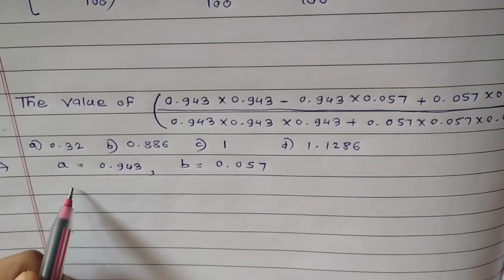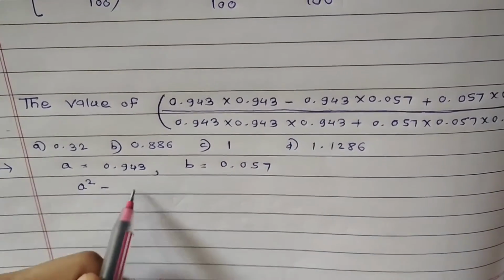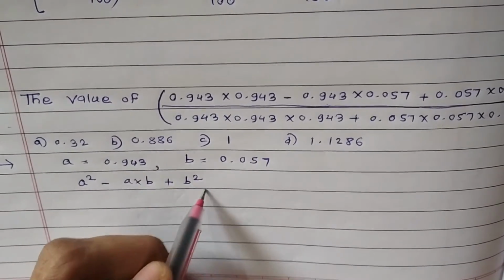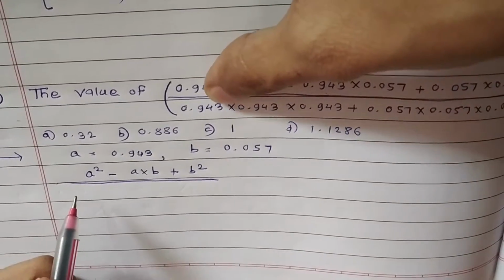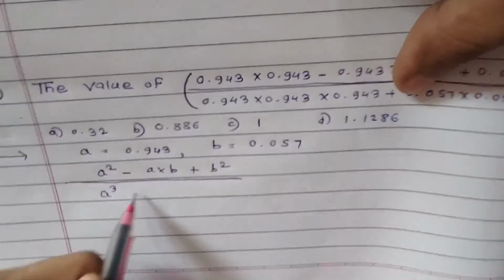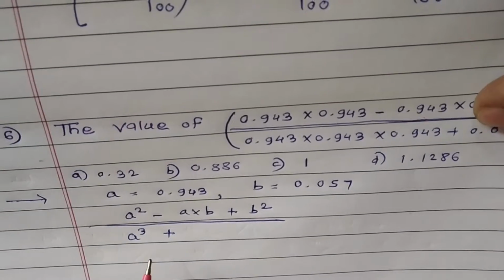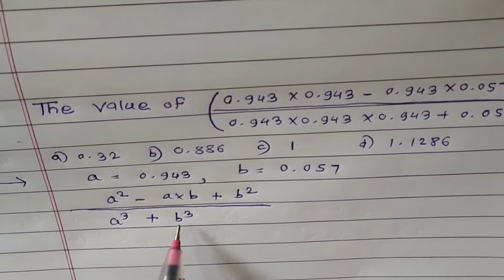So you can write it as A square minus A into B plus B square upon, here you can see there is multiplication of 0.943 3 times, hence you can write it as A cube, plus same here is also multiplication of 0.057 3 times, you can write it as B cube.